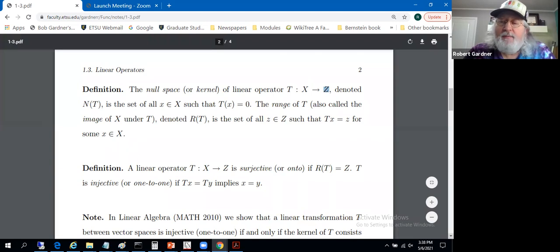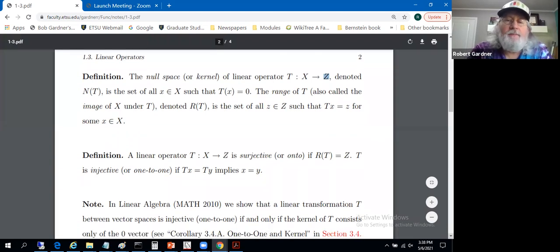Well, we might be interested in when the range is this set on the right-hand side. And that leads us to the definitions. A linear operator T mapping X to Z is surjective or onto if R of T equals Z. That is, the range of T actually equals all of this set over here.